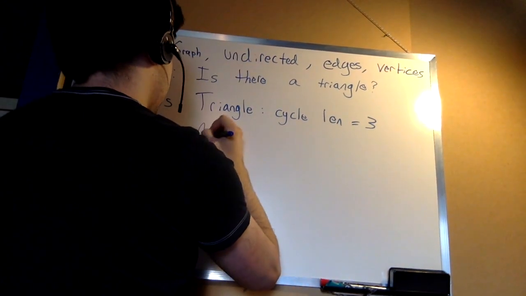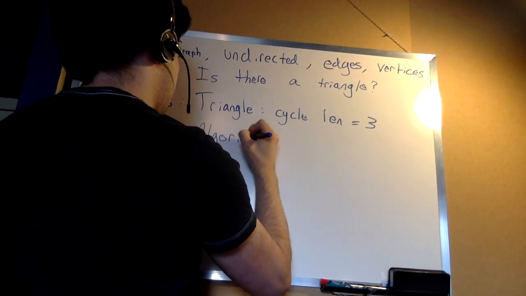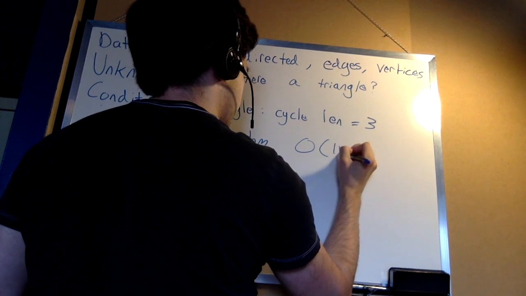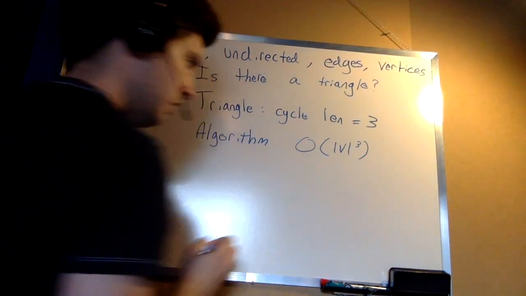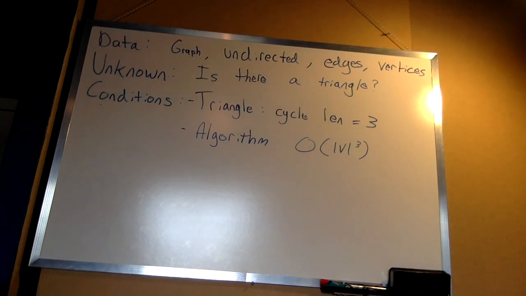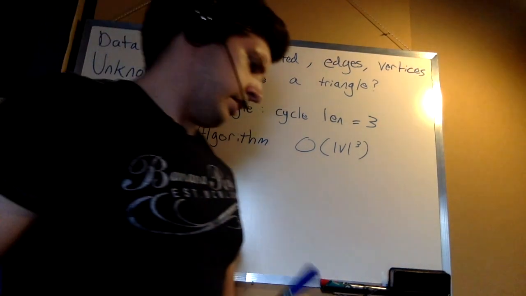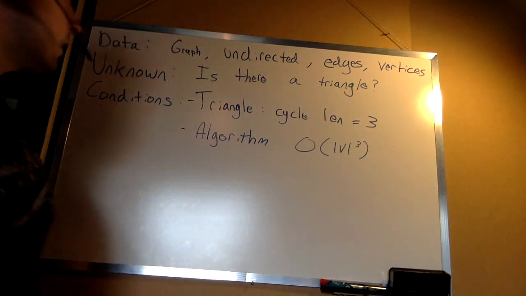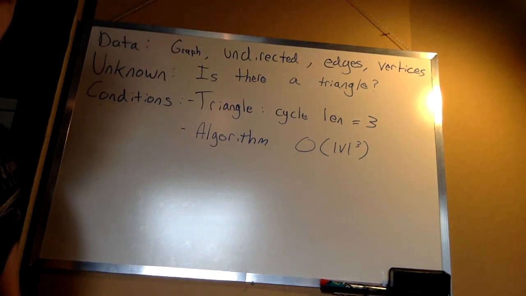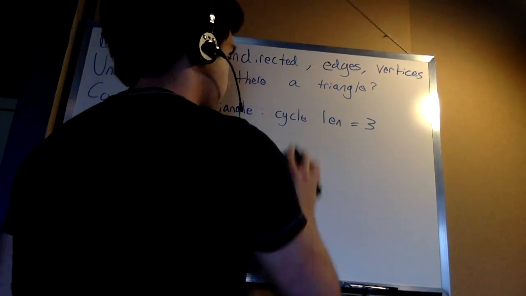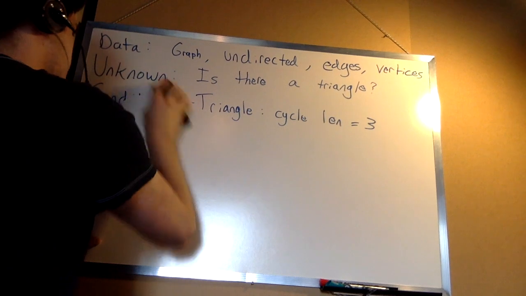Okay, is there anything I'm missing here? No, I don't think so. All right, so let's draw a couple examples and see if we can understand better what's going on here.